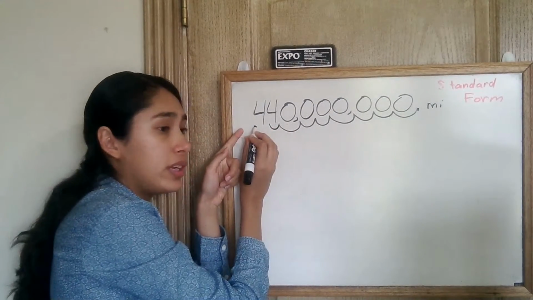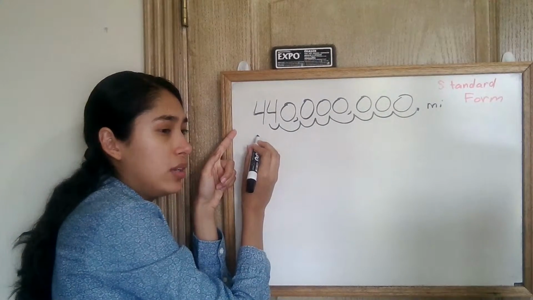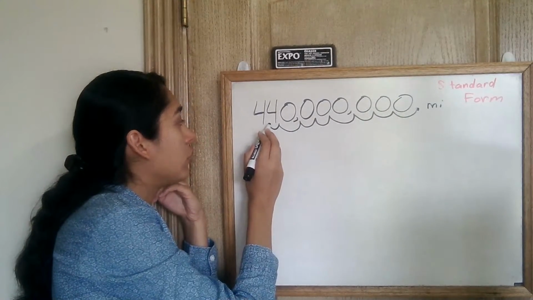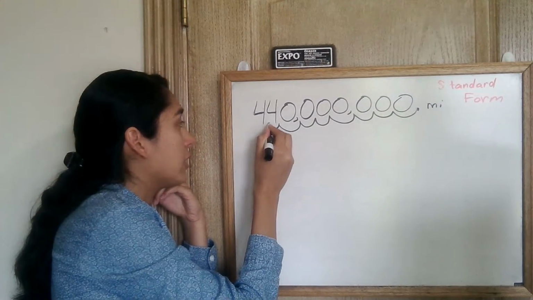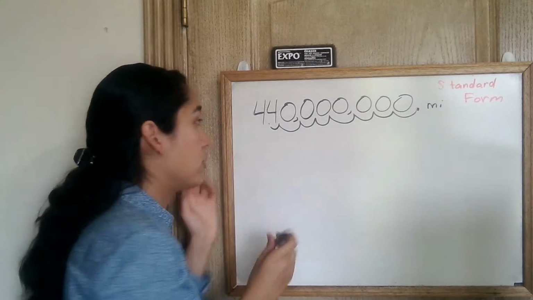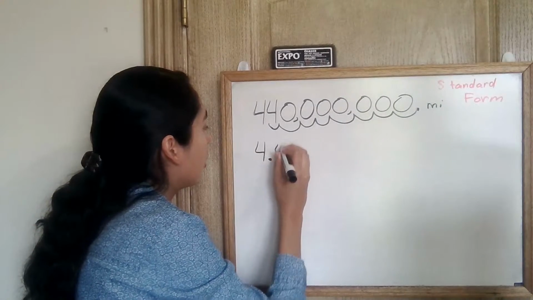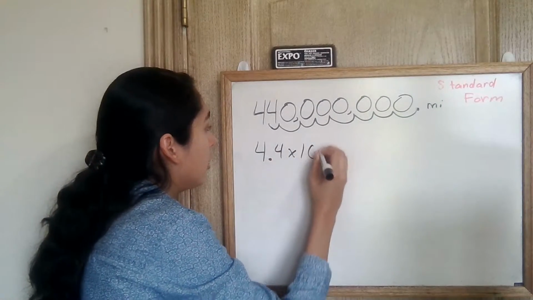I can't move it over here, the decimal point, because then I'm going to end with a value less than 1. So I will only move it up to here. And this is your rule forever with scientific notation. So I'm going to do 4.4 times 10.